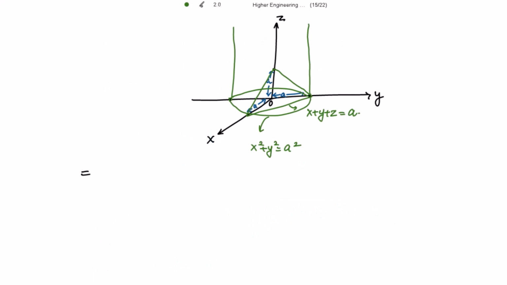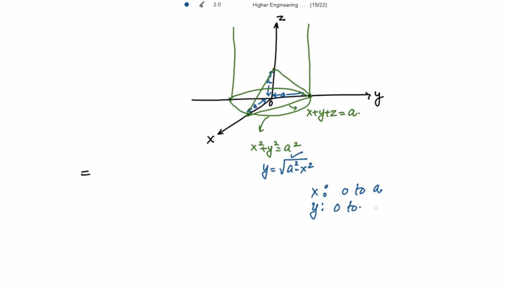Now talking about the limits. If you want your limits of x to be constant, then limits of x are from 0, this origin, to this a. And the limits of y is from 0 to, just take the value of y from here, that is y is equal to square root of a square minus x square.